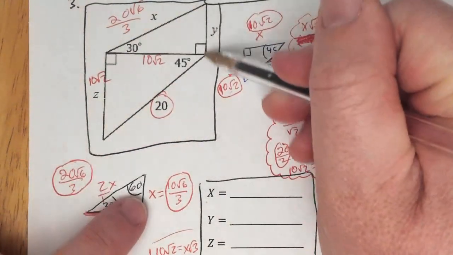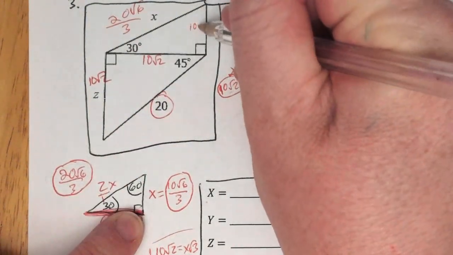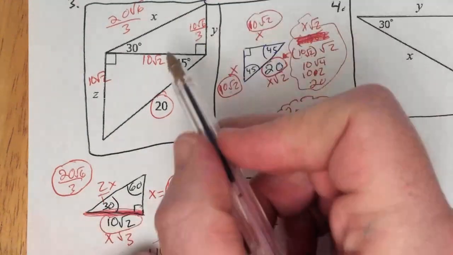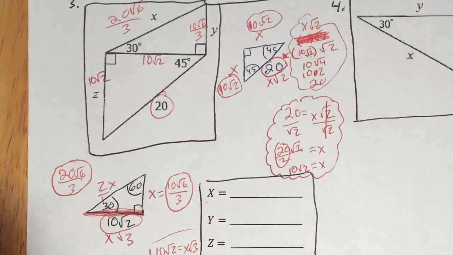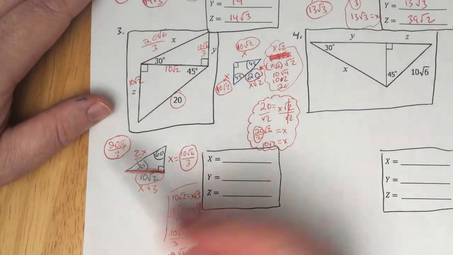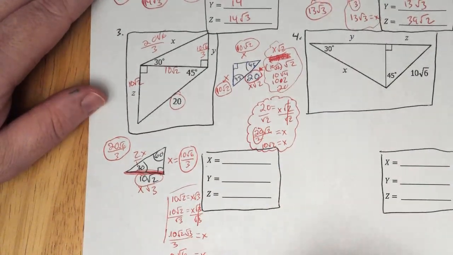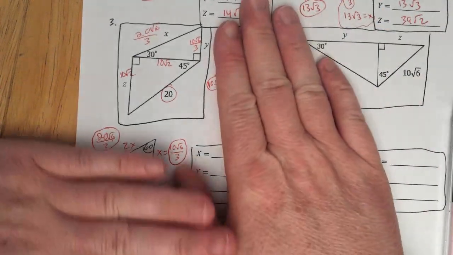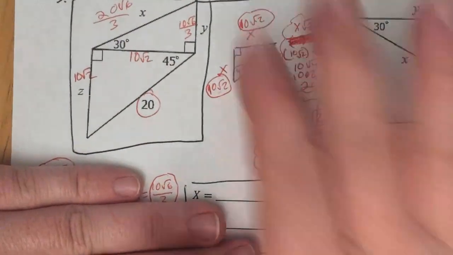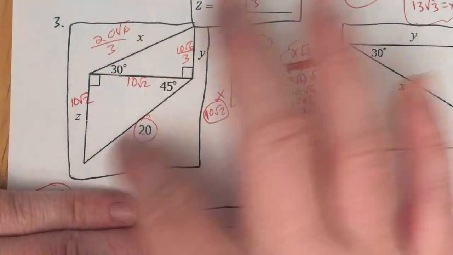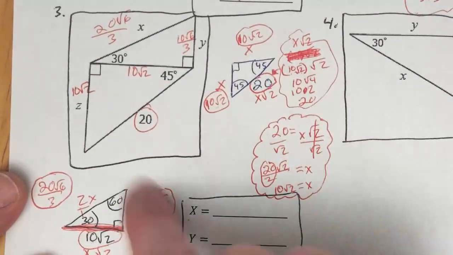And this side right here is 10 radical 6 over 3. And this side right here is still 10 radical 2. So all this hodgepodge of crazy, yuck. If I just cover this up and focus just on this part, doesn't that look so much cleaner? That's so much more organized than trying to read this.